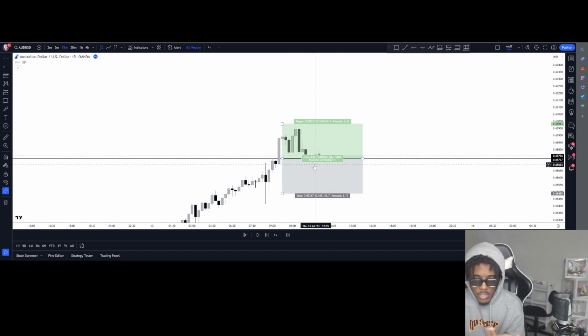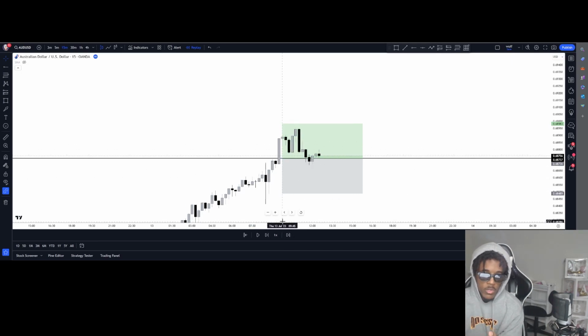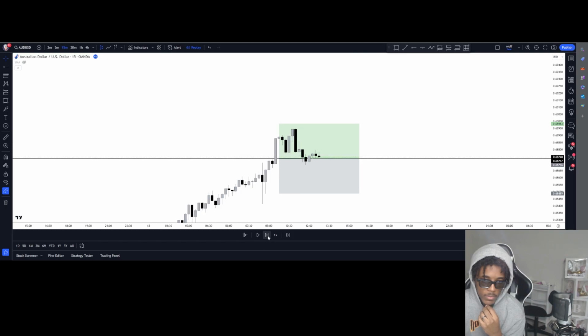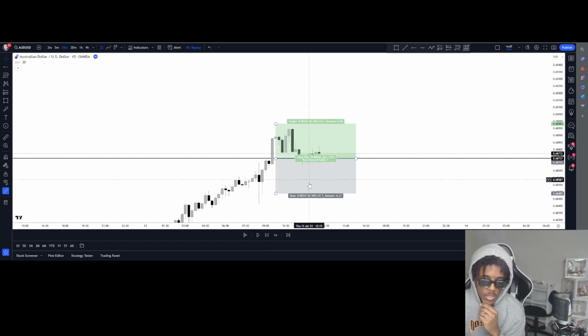It looks like price is respecting this key level. It looks like price may shoot up. Let's see. This is an opportunity now for you to get in on a discount. No, not a discount because you already entered here. But this is an opportunity for you to get in on a second position. So you could have gotten in on the break of this candlestick.